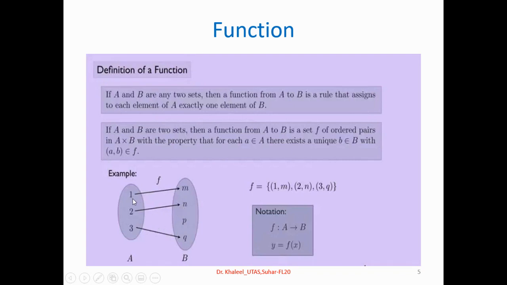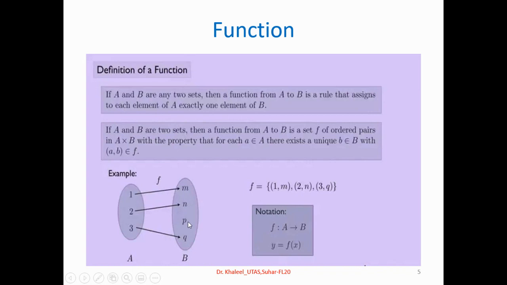Note that there are three elements and all three are related, so the first condition is satisfied. The second condition: every element of A must be related to only one element of B. 1 is related to only m, 2 is related to only n, and 3 is related to only q.